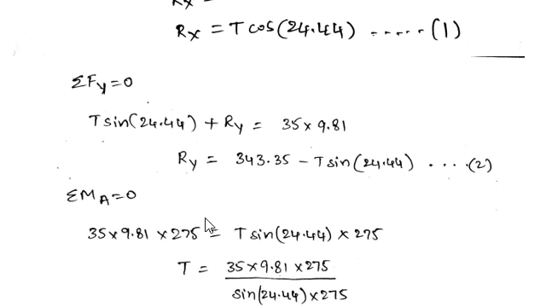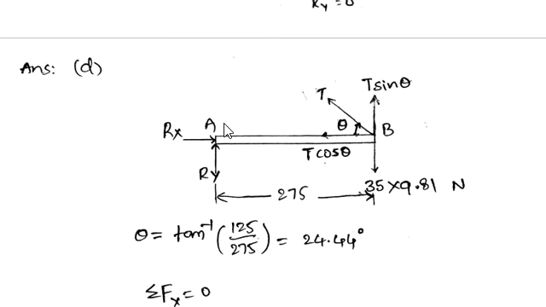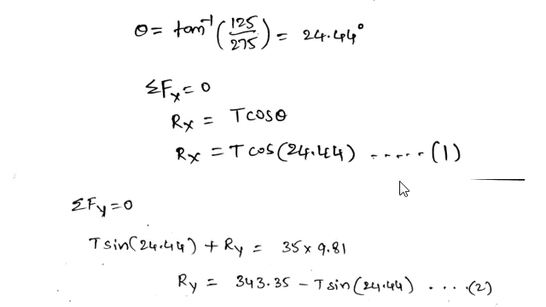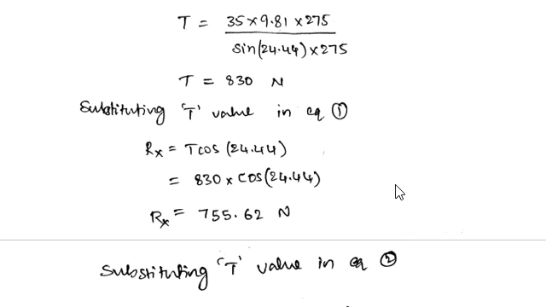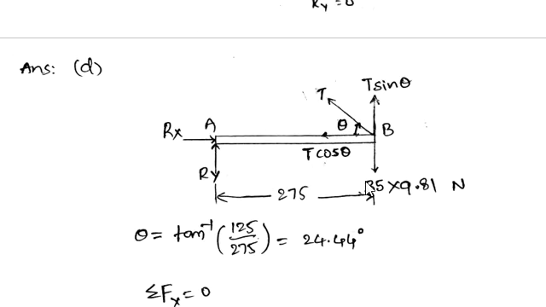And I told you the sum of the moments about any point must be 0. Suppose we are taking point A. When you calculate moments, the sum of clockwise moments must be equal to the sum of anti-clockwise moments. So the moment at A, the clockwise moment is because of the force 35 into 9.81, this force into distance 275.